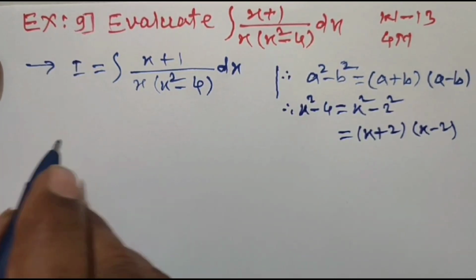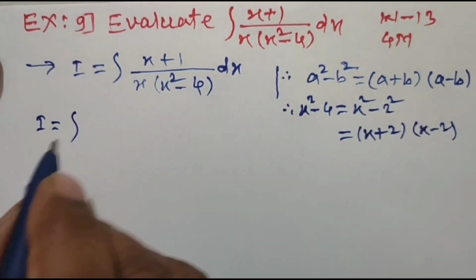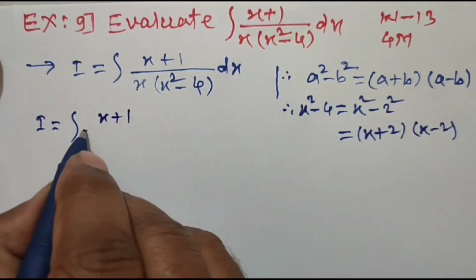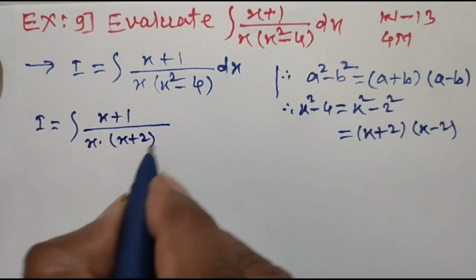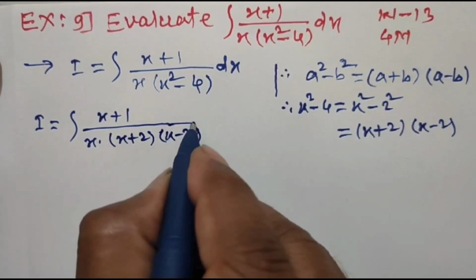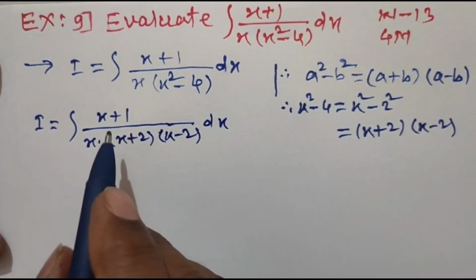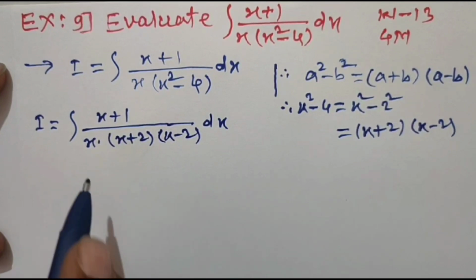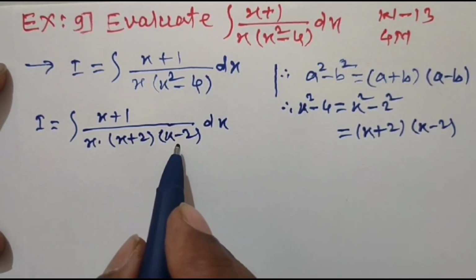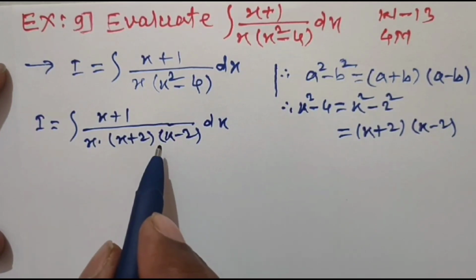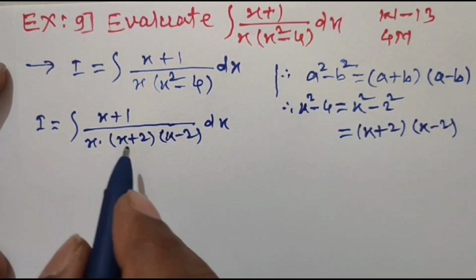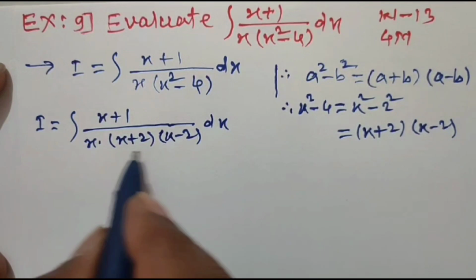Hence integral I is equal to integral of x plus 1 divided by x into x plus 2 into x minus 2, integral with respect to x. Now the degree of numerator is 1 and the degree of denominator is 3, because the denominator contains 3 linear factors which are non-repeated. So we have to find the partial fractions of this integrand.